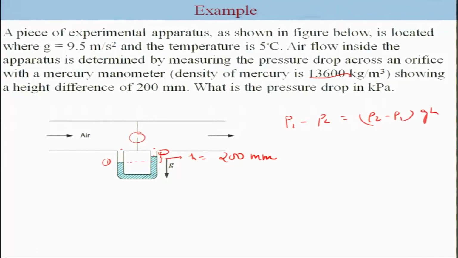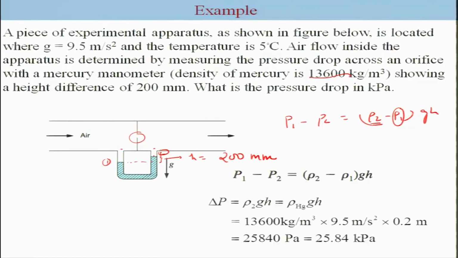Rho 2 is of course the density of the mercury, rho 1 is the density of the air. Now, this we can ignore also because 13,600 minus 1.2 is going to be negligible. So, for engineering approximation we can simply write rho Hg g h and this comes out to be this value. So, here we ignored rho 1 and simply wrote rho Hg g h, and that is what the value is.